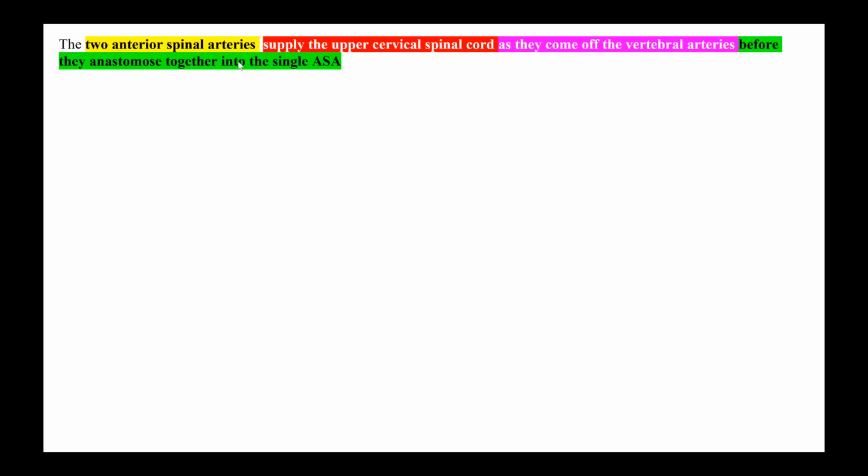The anterior spinal arteries supply the upper cervical spinal cord as they come off the vertebral arteries before they anastomose together. So for the upper cervical spinal cord, the supply is received from the two spinal artery branches arising from the vertebral arteries before they become single.